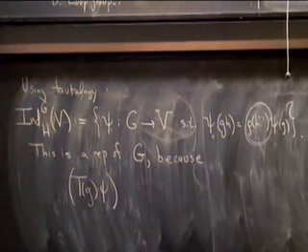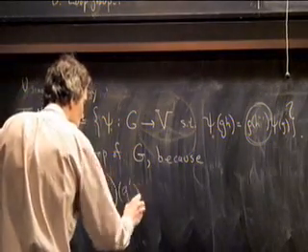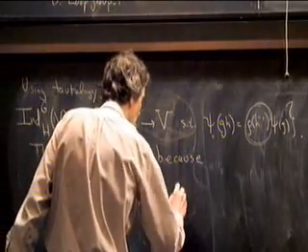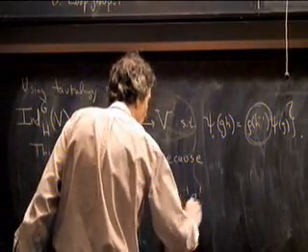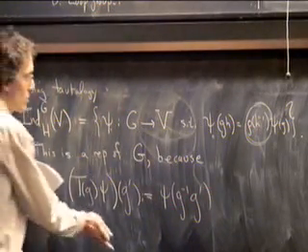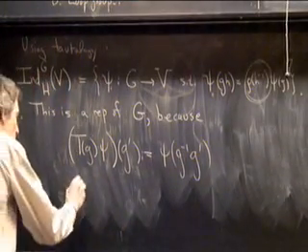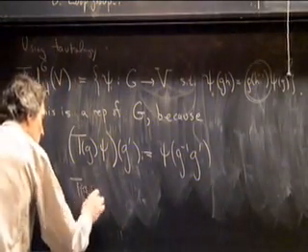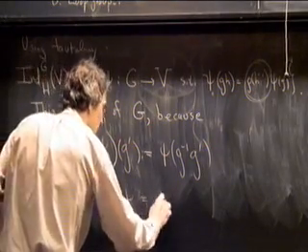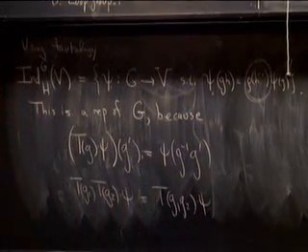T of G dot psi will be the new map such that its value at G prime, by definition, is psi of G inverse G prime. Well, that makes sense because psi is a function on G. And now I leave it to you to show that this is a good left action on the space of functions. It's a little calculation you can do.